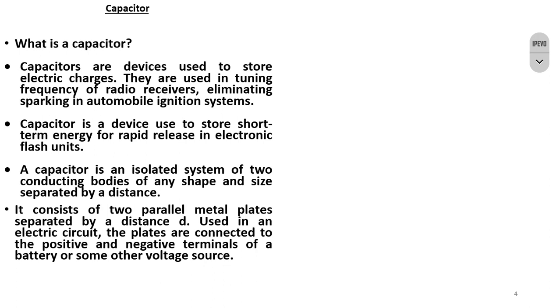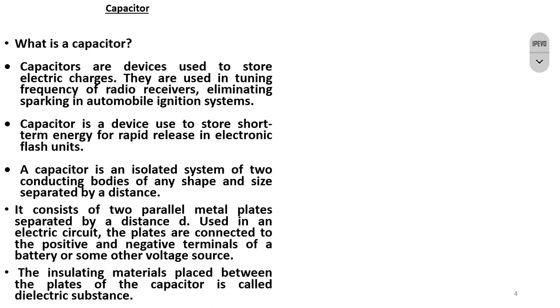The plates are connected to the positive and the negative terminals of the battery or some other voltage source. The insulating material placed between the plates of the capacitor is called dielectric substance.